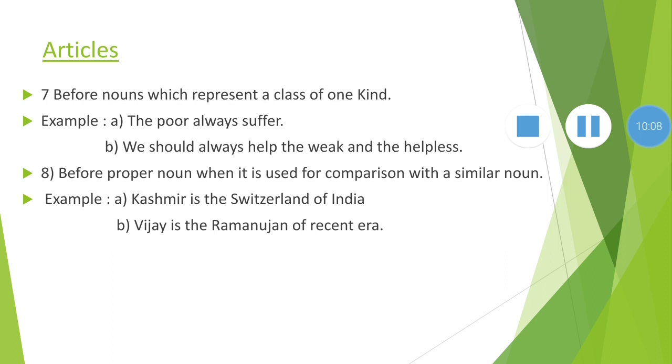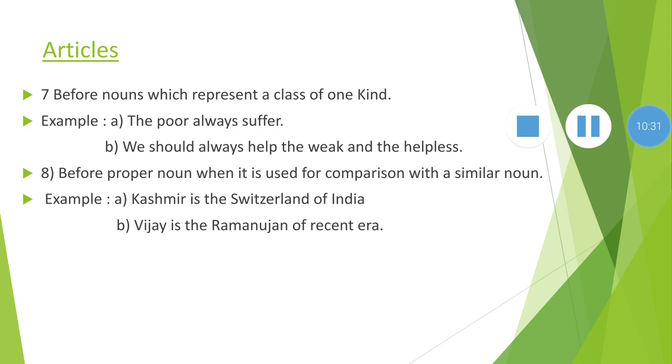8. Before the proper noun, when it is used for comparison with similar noun. Means when proper noun used in the sentence as a common nouns or as a common sense or general sense. For example, Kashmir is the Switzerland of India.